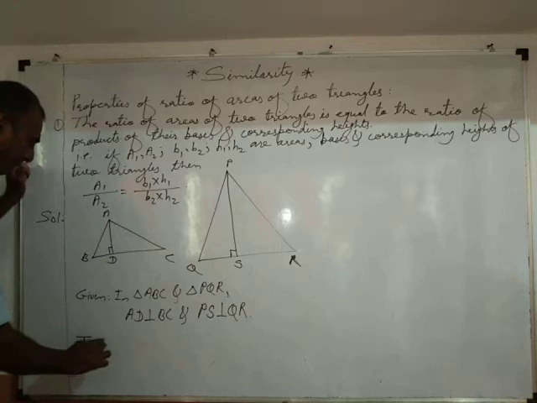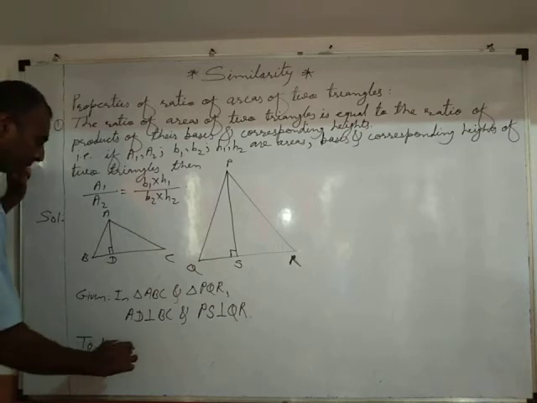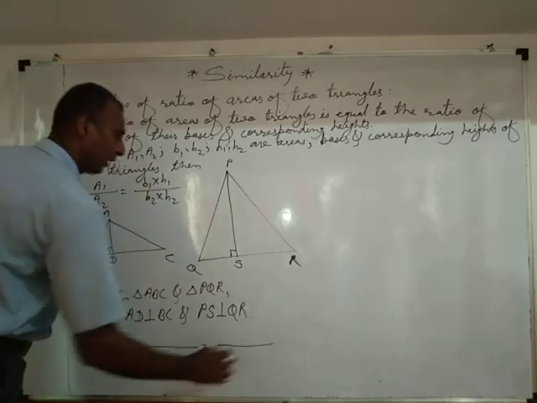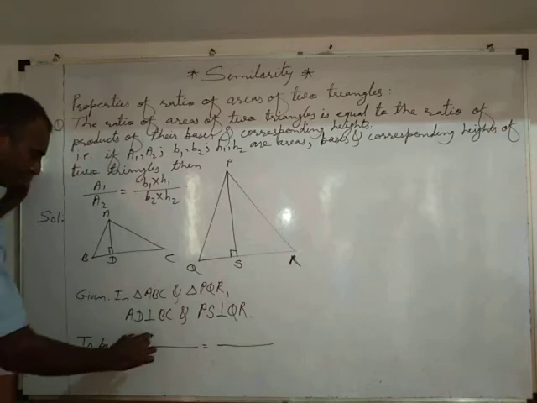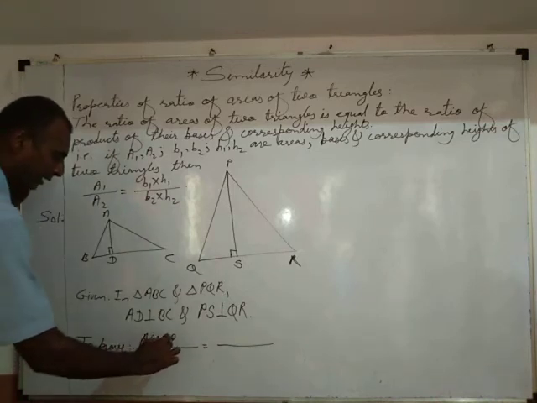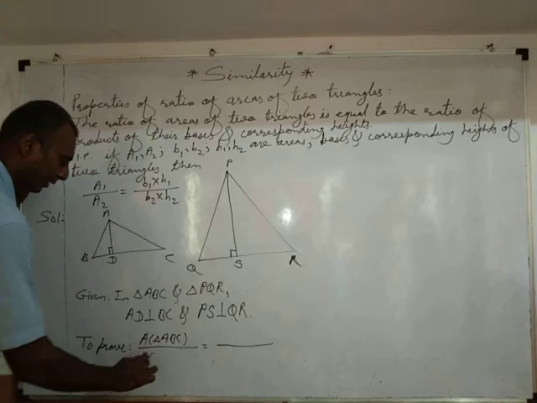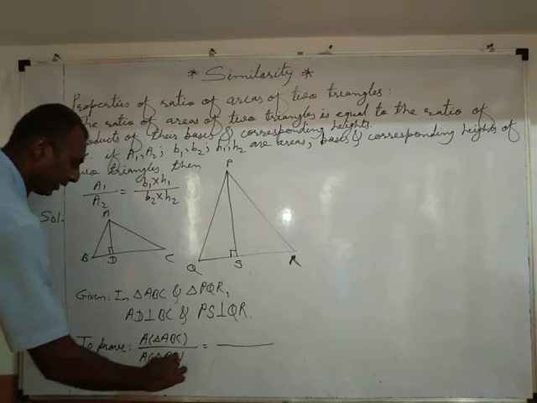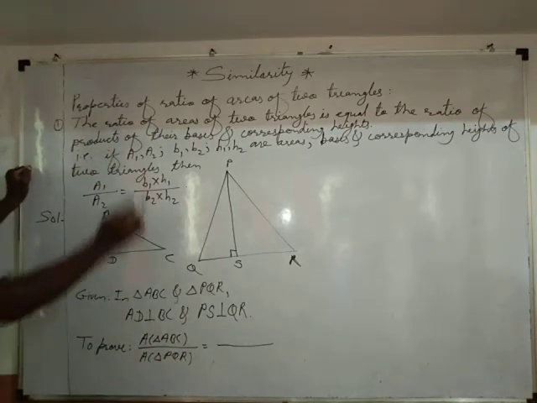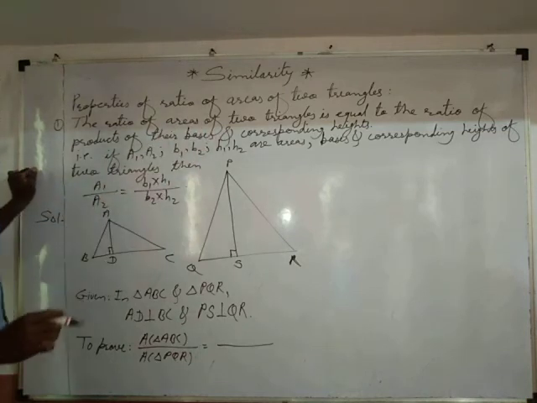We are interested to prove the ratio of areas of two triangles. Let's mention here what to prove. Area of triangle ABC upon area of triangle PQR equals a ratio of the products of their bases and corresponding heights.